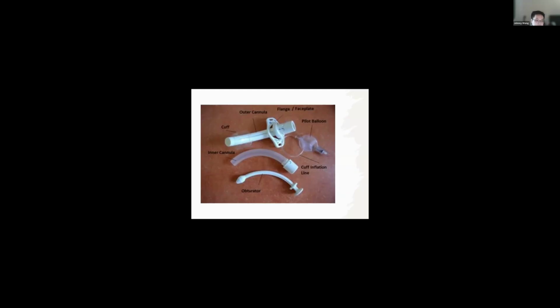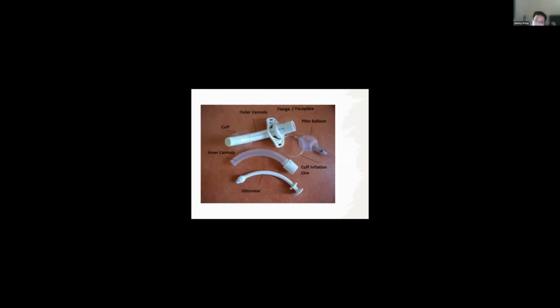But oftentimes you will at the very least see the size of the trach, usually like an 8 or 8.5. And sometimes you'll see letters like CN for cuffed or UN for uncuffed trachs. But again, they're all going to be different depending on the maker.